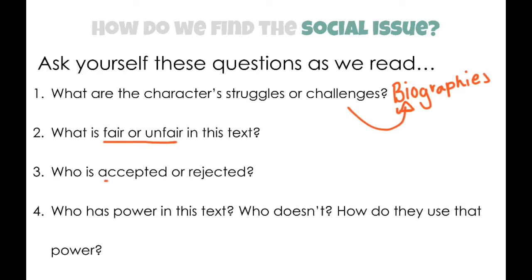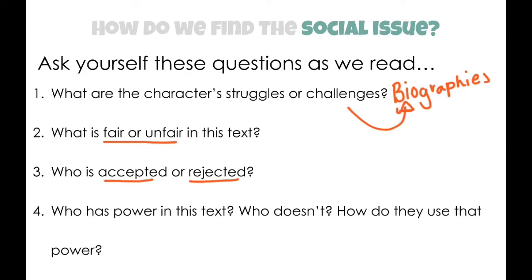Who is accepted or rejected? So if I was told I can't play football because I'm a girl, I am rejected because I'm a girl, okay? Who is accepted? Well, I would assume boys would be accepted to play football because they're boys, okay?